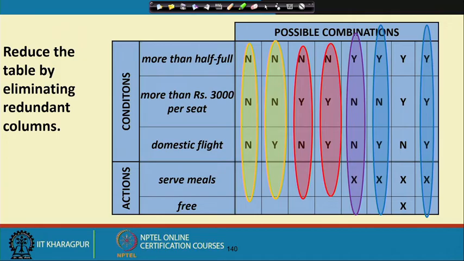But even using a decision table, we can optimize the number of test cases, we can reduce a little bit. For example, this is the decision table that we developed, but then we can see here that the action part is the same.